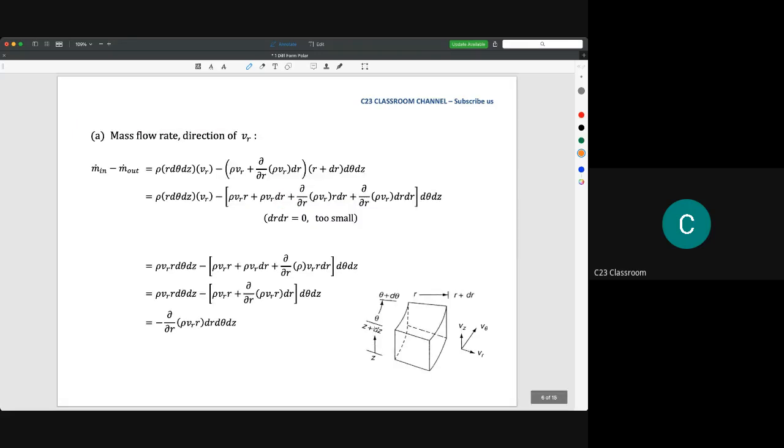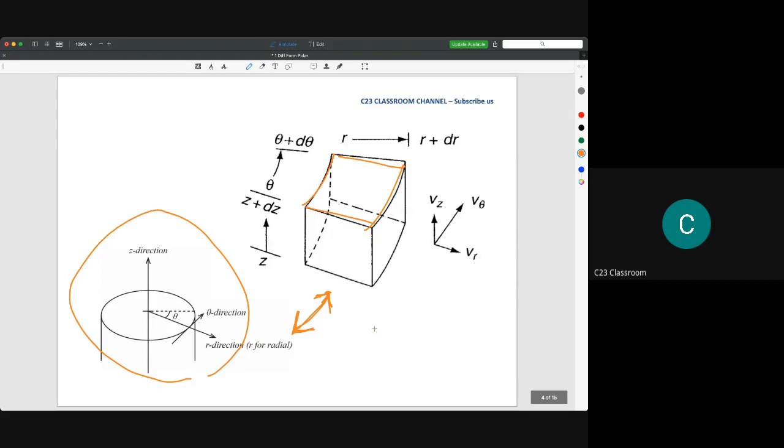Okay, so it's quite a long calculation. To have an easier view, I separate this calculation according to its axis. As you know, here we have the r axis, meaning inlet at r and also outlet at r. Then we have inlet and outlet for the theta axis, and then inlet and outlet for the z axis.